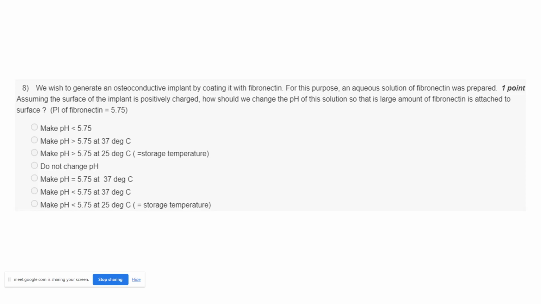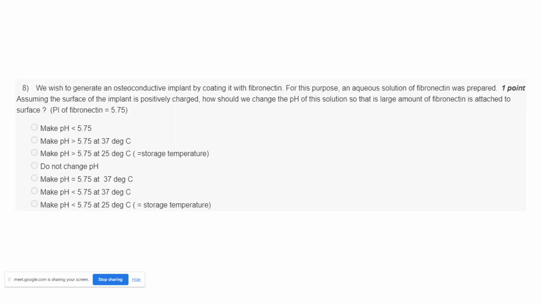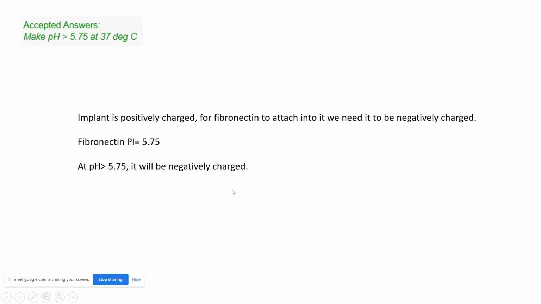Okay. Let's see the answer. The correct answer is second option, that is make pH more than 5.75 at 37 degrees. So, if you're selecting pH less than 5.75, you are reducing the pH than the PI of fibronectin. When there is low pH, there is more hydrogen ions.